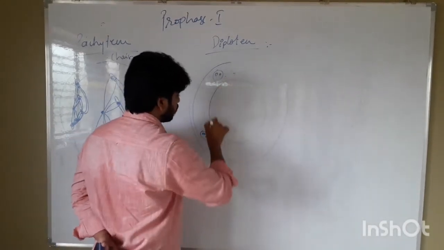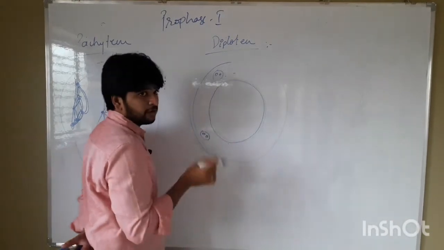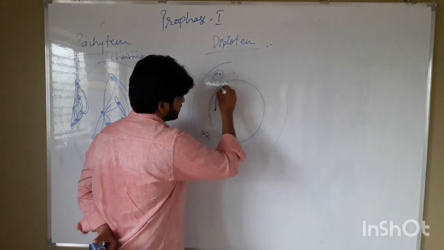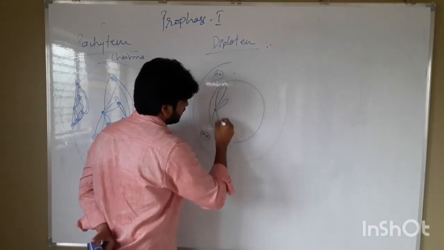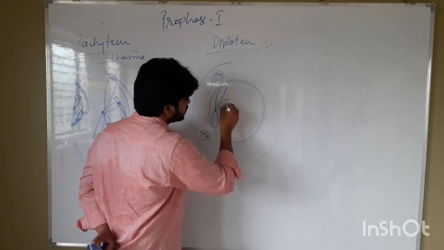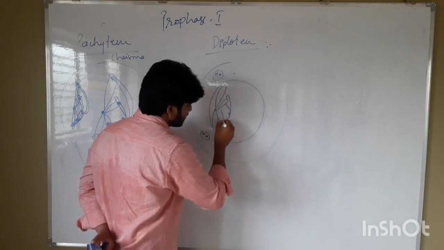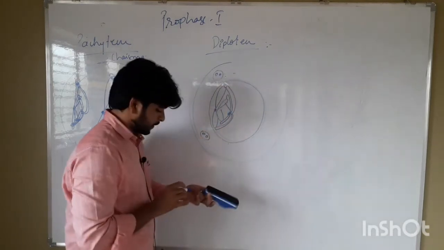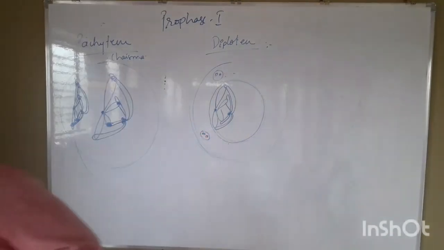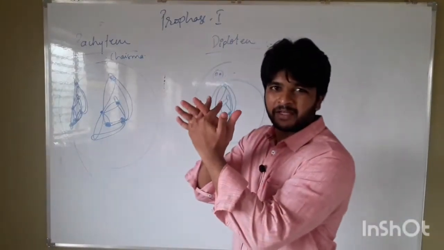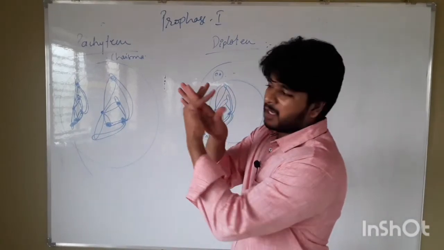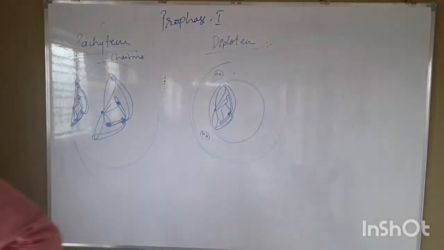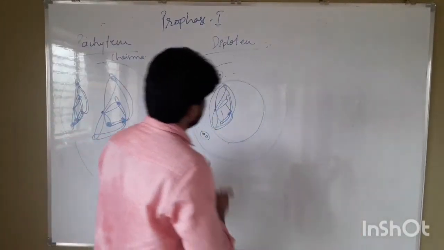But for the chromosomes which have undergone genetic crossing over and formed a chiasma, terminalization of the chiasma takes place. The chiasma formed during the pachytene stage starts to move towards the periphery. This process is called terminalization of chiasma, and it starts during the diplotene stage.